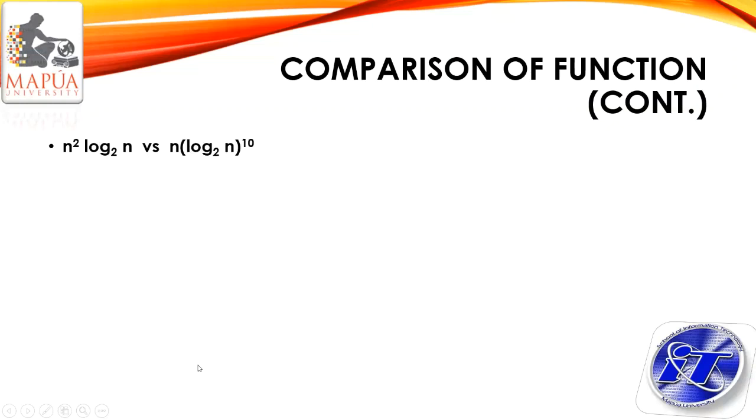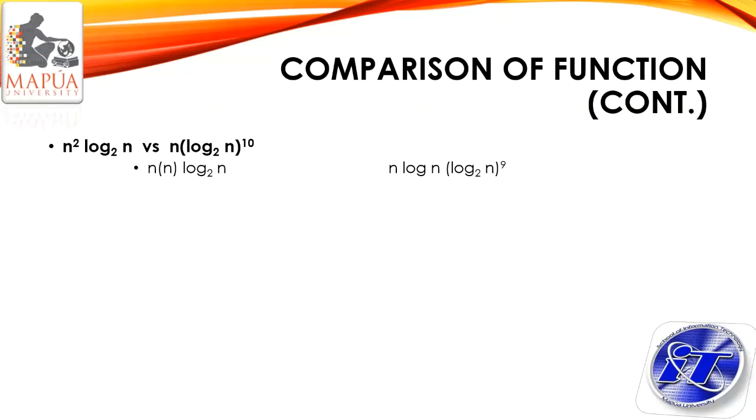Another example, an algorithm that has a growth rate of n squared log n, and another algorithm that has a growth rate of n log n raised to 10. So which is better? So again, rewrite both based on the mathematical concept about logarithms. The first will be written as n log n, while the second will be n log n raised to 9.